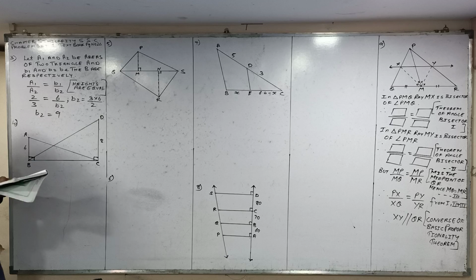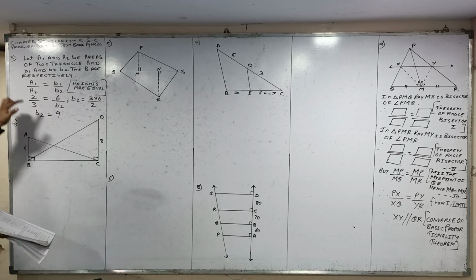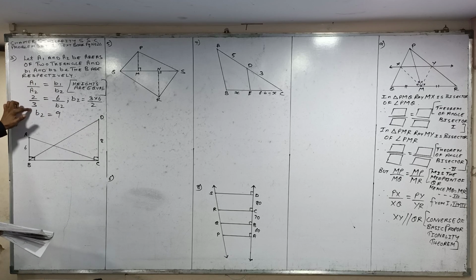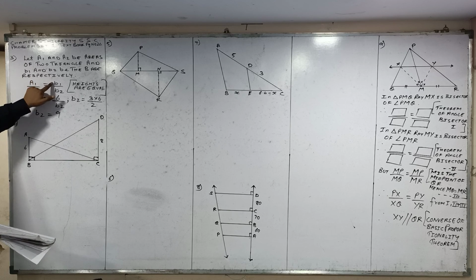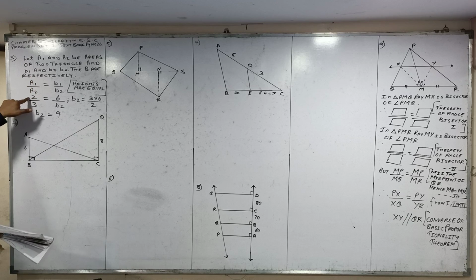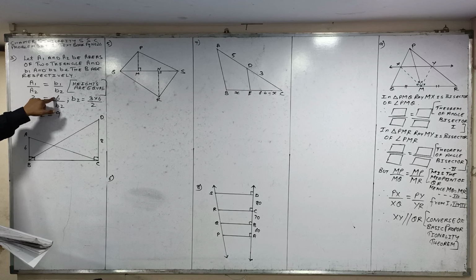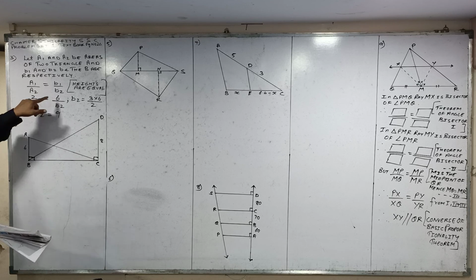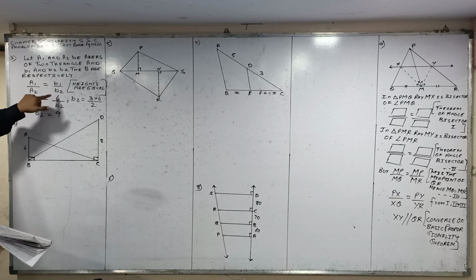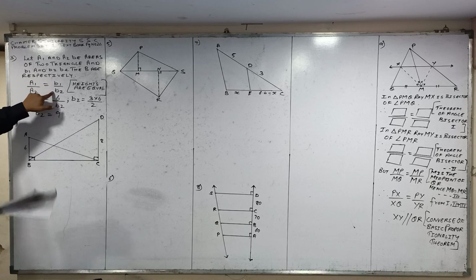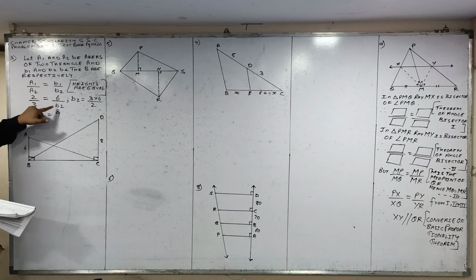The areas' proportion is 2 upon 3, where 2 is the smaller area, so the base B1 is the smaller one. B1 is given as 6 and the base of the bigger area we have to find.